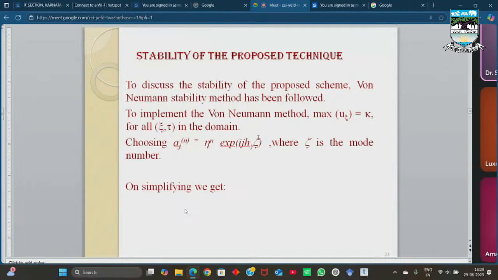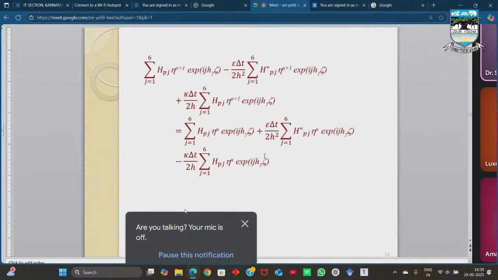Now, to implement the von Neumann scheme, the coefficients u_j^n, we have taken here as a_j^n, to be η^n exp(ιjhγ). hγ is just to simplify within each subdomain, otherwise it is h times ζ, where ζ is the mode number. After simplifying we get this form of equation.